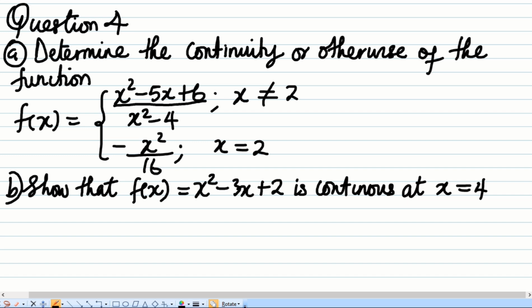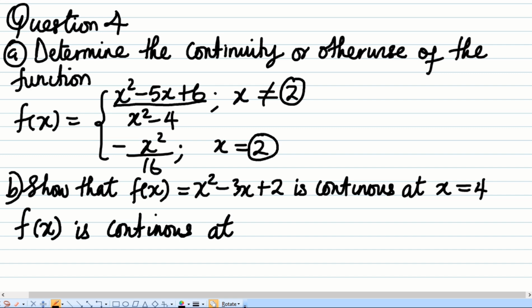Now, just to keep this simple, what's the condition needed to show that a function is continuous? So let's say that a function f of x is continuous. Now, this is just the general rule, continuous at any point. In this case, the point we are looking at is 2, and in the second question, the point we are looking at is 4.